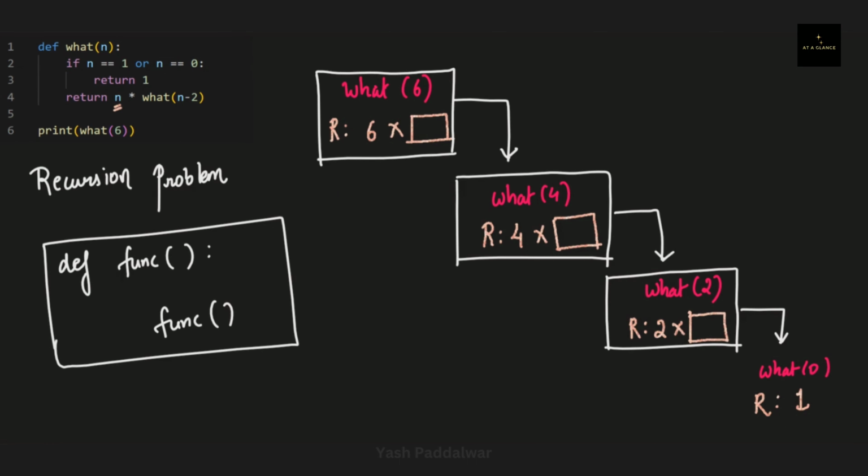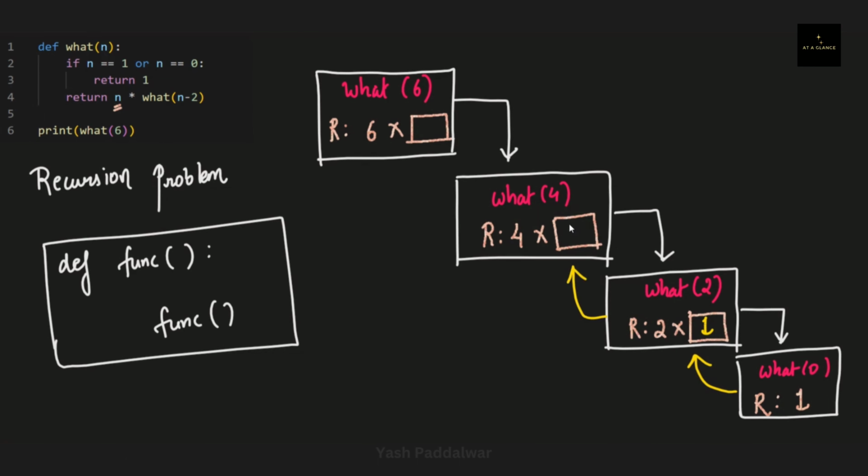Now you can see that at this particular point the calling of the function repeatedly has got terminated and a whole value has got returned. So now what of 0 is giving us the value 1, but if you remember, what of 2 was calling the function what of 0, hence we need to write 2 into 1 instead of what of 0. Now you can calculate 2 into 1, which is 2.